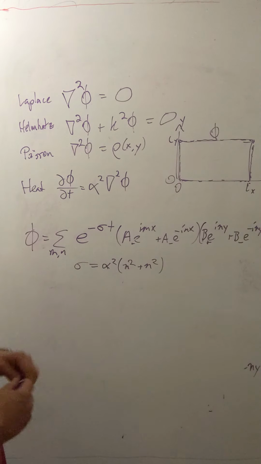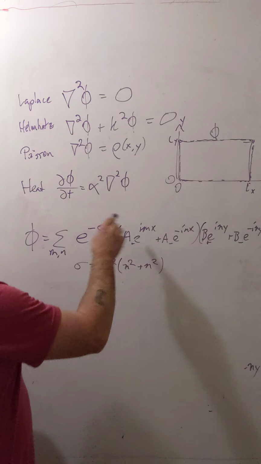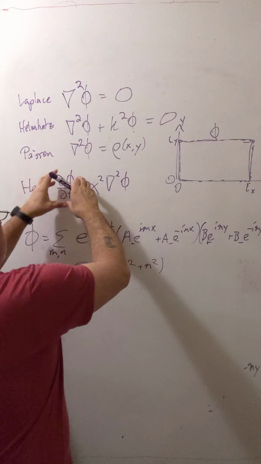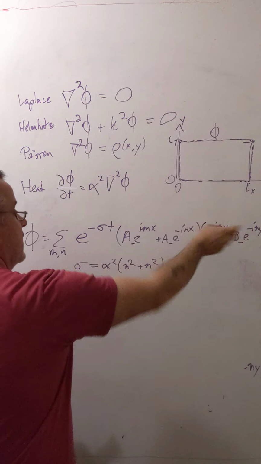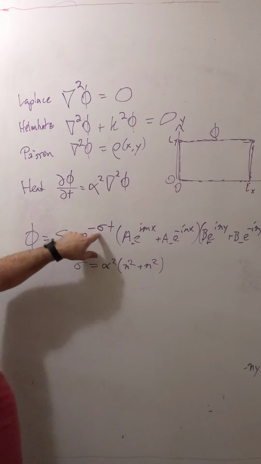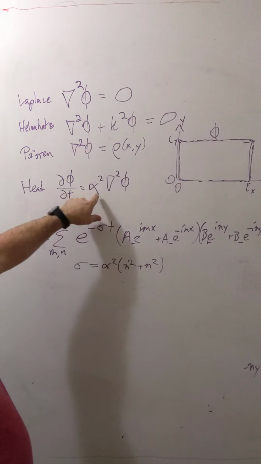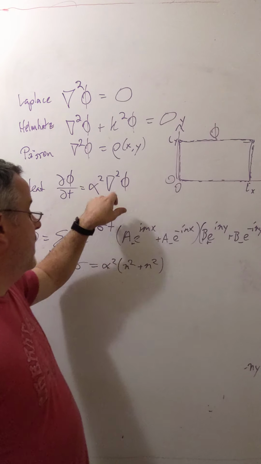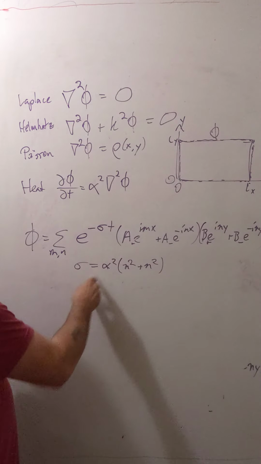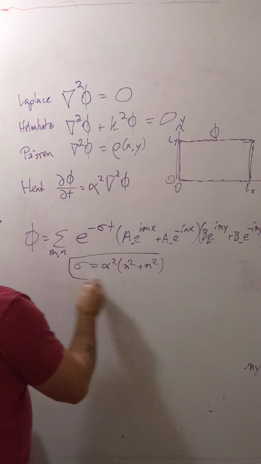Okay, so what happens in time? Well, let's plug this whole beast in there and find out what the conditions are, the relationship between sigma and m's and n's. On this side, we get minus sigma. On this side, we get alpha squared times minus m squared and minus n squared. Take the minuses out, and we get this equation.